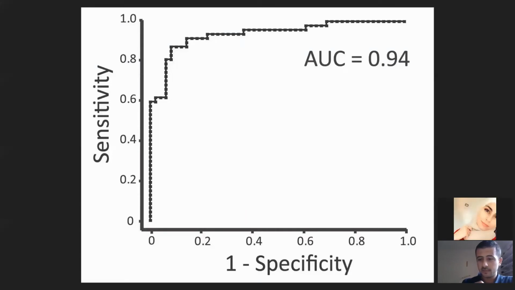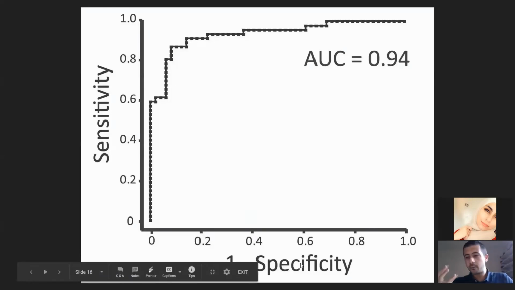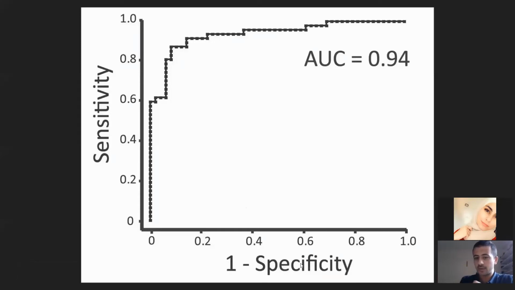Actually, in here sensitivity resembles power in interventional studies. So 1 minus specificity means actually the probability of the false positive. So what is it?